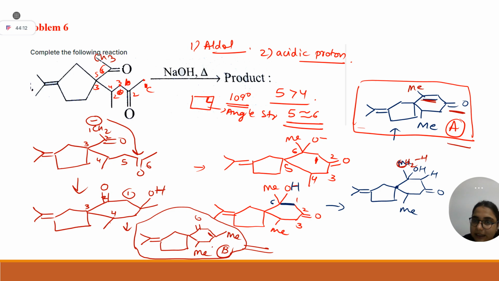So students, in this case both products are possible. Because we can't compare the acidity of this proton and this proton. They will almost be similar, right? If the first step in aldol reaction is abstraction of a proton, in that criteria both are following the conditions, both are forming a six membered ring, both have alpha hydrogens that are almost equally acidic.